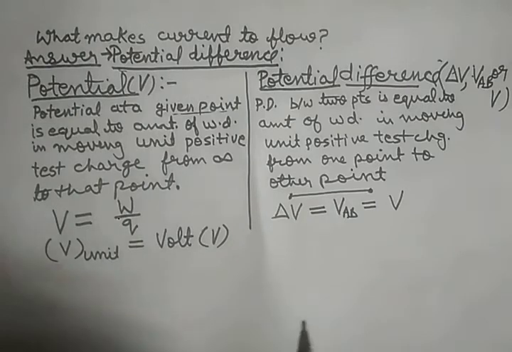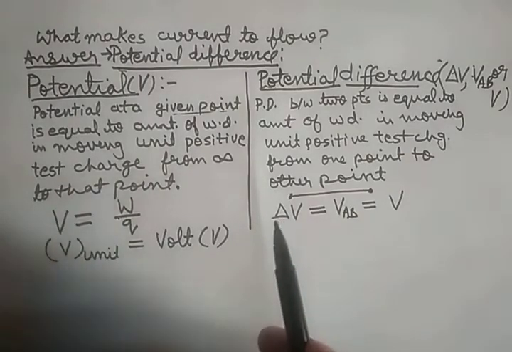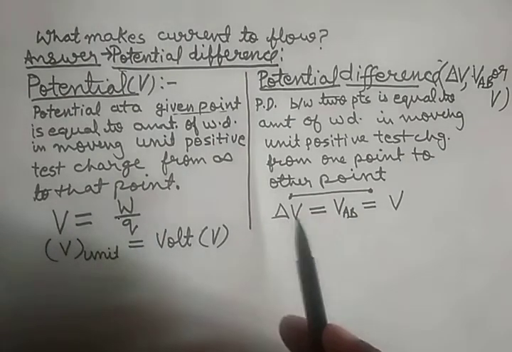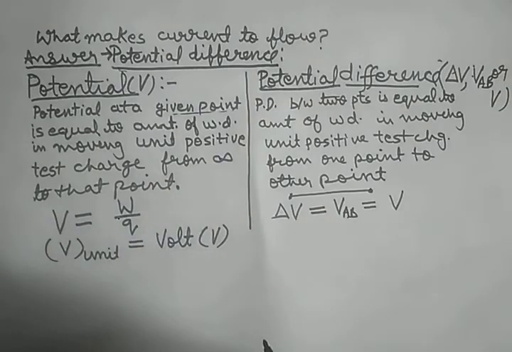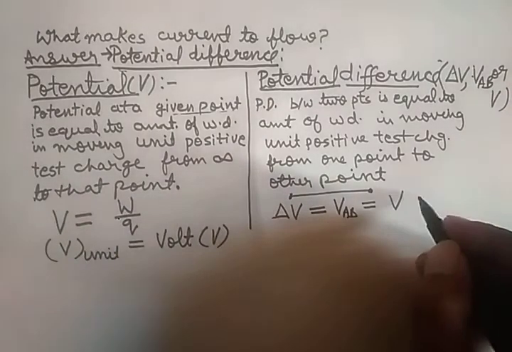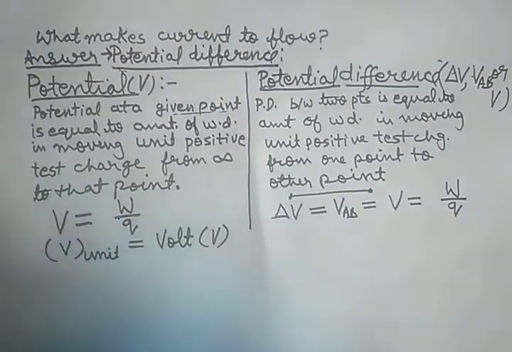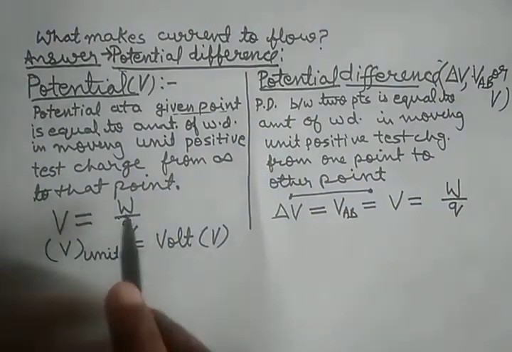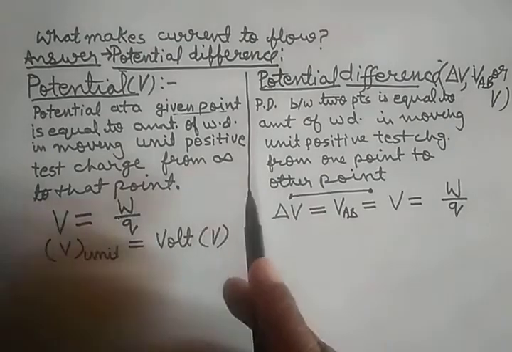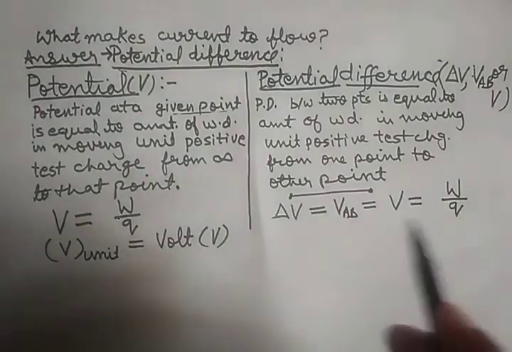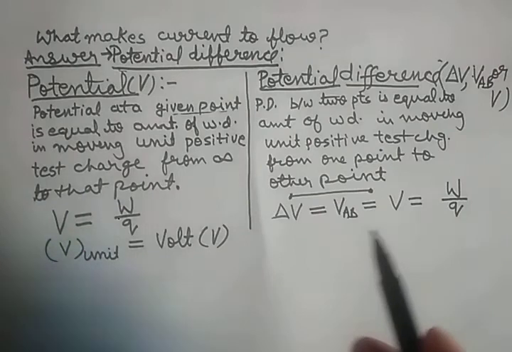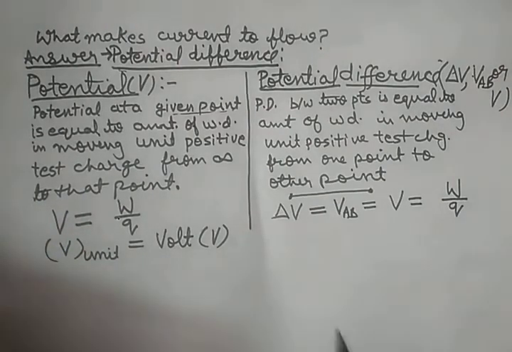If they do so, at that time you can put that delta or subscript AB. Otherwise, go with this V, no problem. W upon Q. What is the difference? This work from infinity to that point, and this work from one point to another point. This is the only difference.